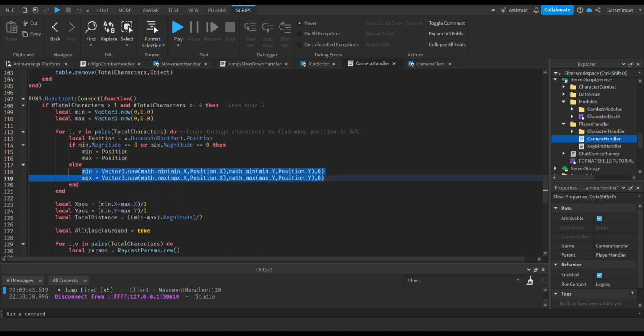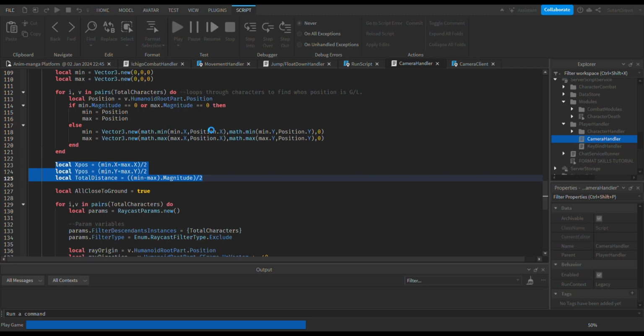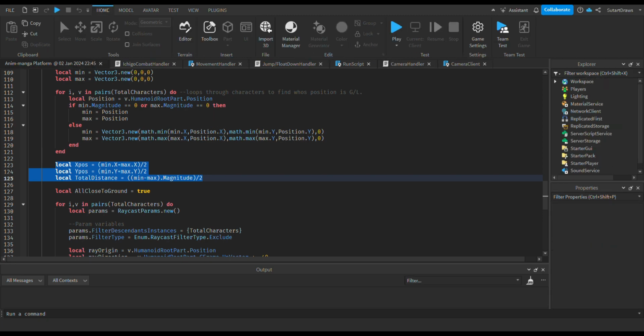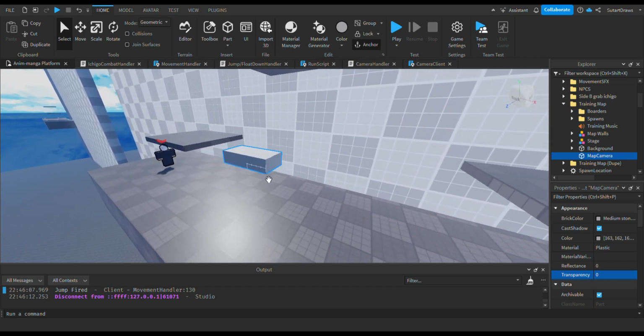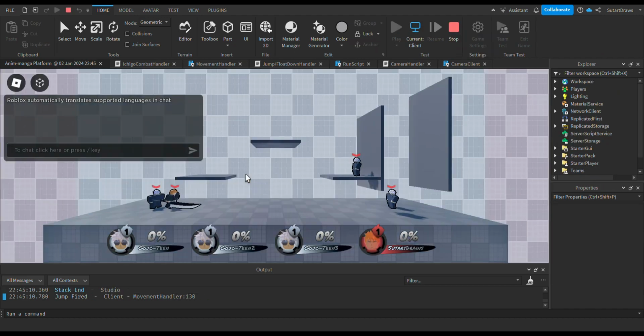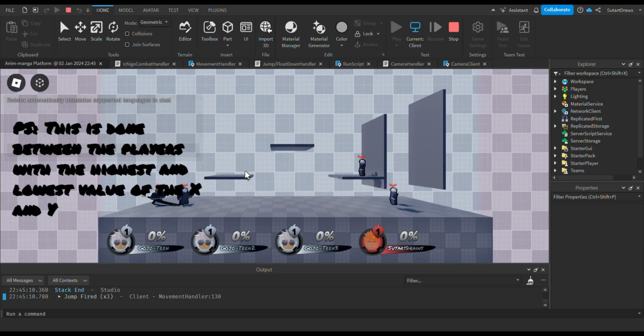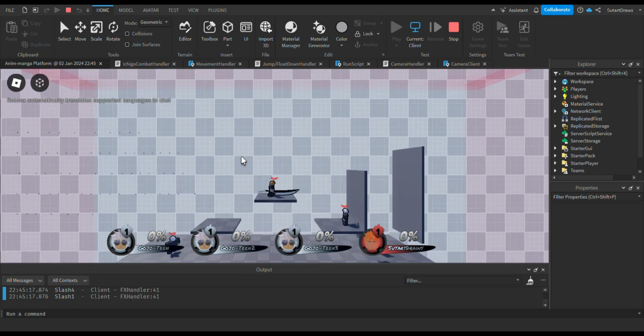So I had the first player's and the second player's X position, added it, and then divided it by 2 and got the magnitude. Or I think I might have kept it the same, but then I had a camera part which I moved the player's camera to, and then it just moved to that position, basically the in-between position where the players meet, kind of.